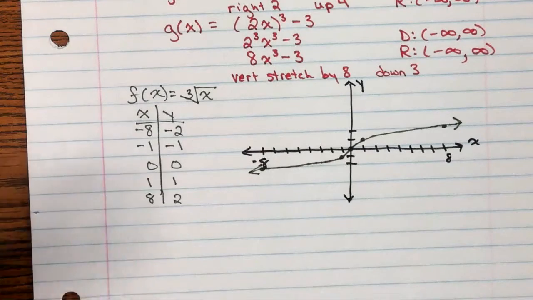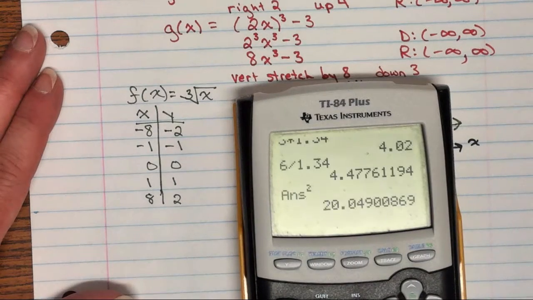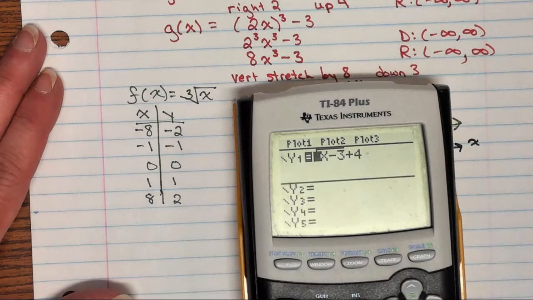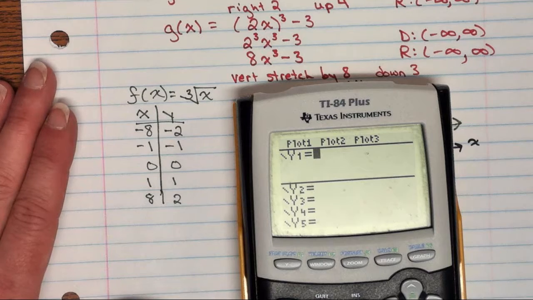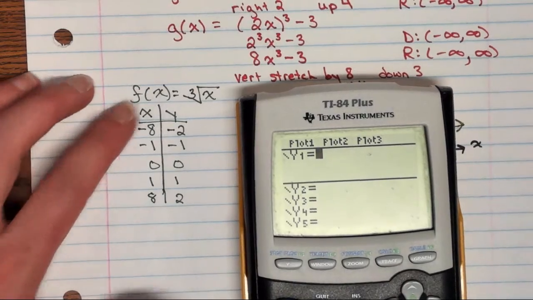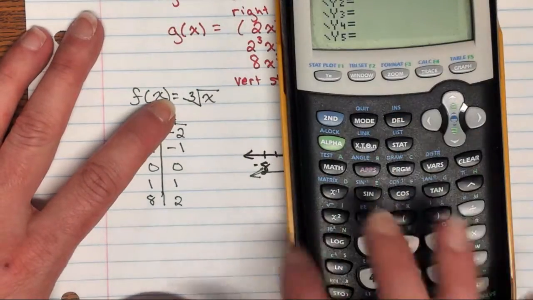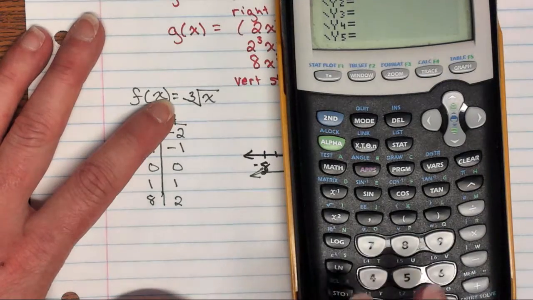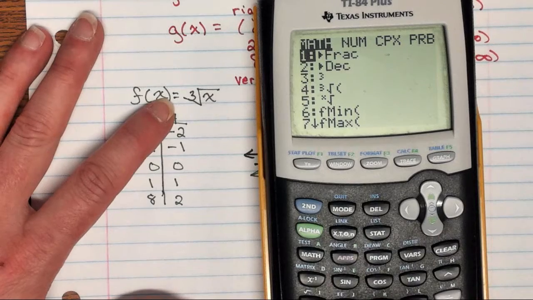Now, you might also want to put these in the calculator. So let's look at how we would do that. To put the cube root in our calculator, we've got to do y equals and cube root. Okay, so cube root isn't on our calculator here, but if you go to the math button, you get a lot of good options.